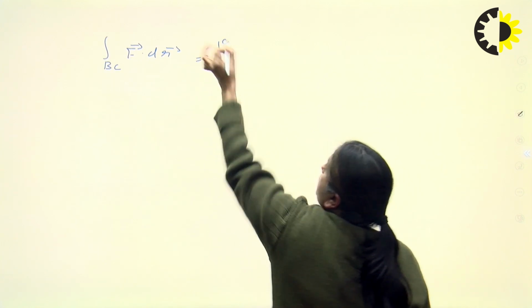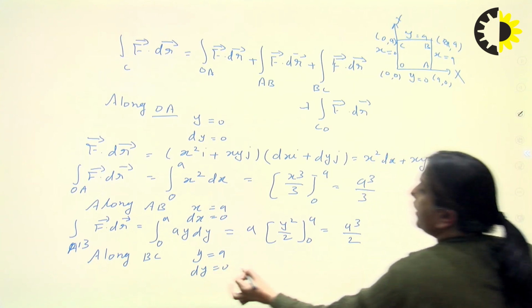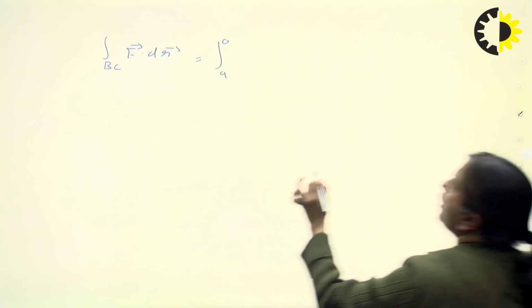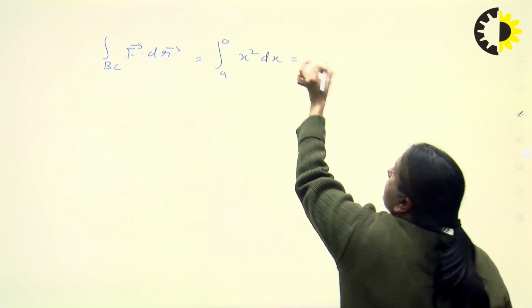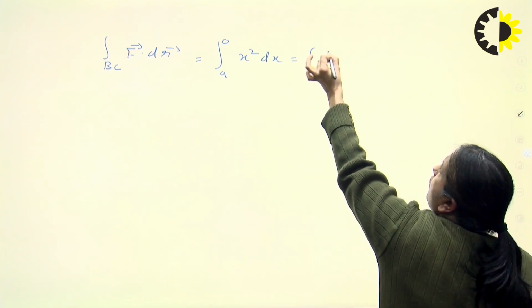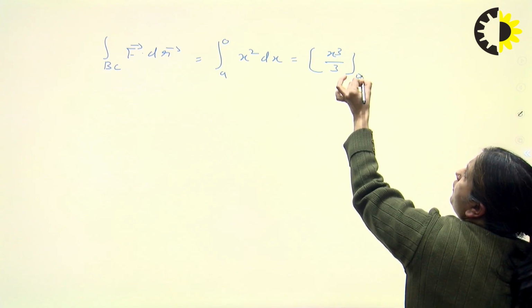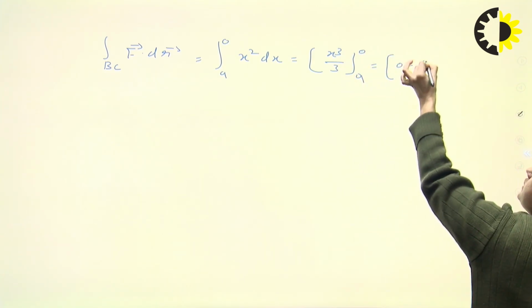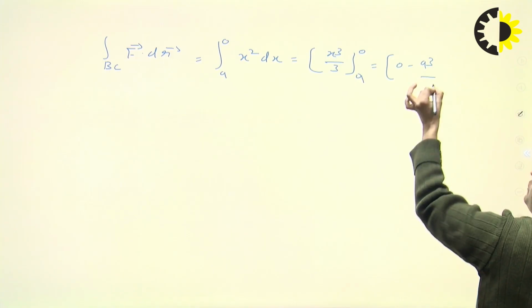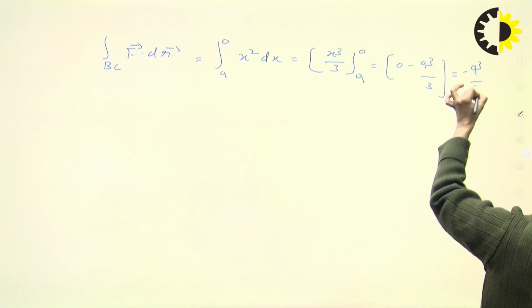Since y equal to a and dy equal to 0, only the first term is integrated: x square dx, the value is x cube by 3 for the limit a to 0, which is 0 minus a cube by 3. So, minus a cube by 3.